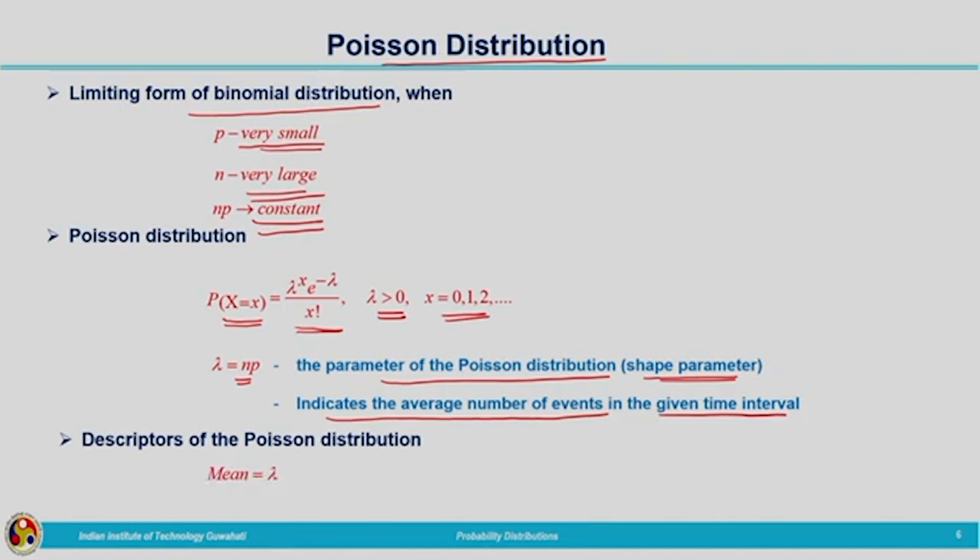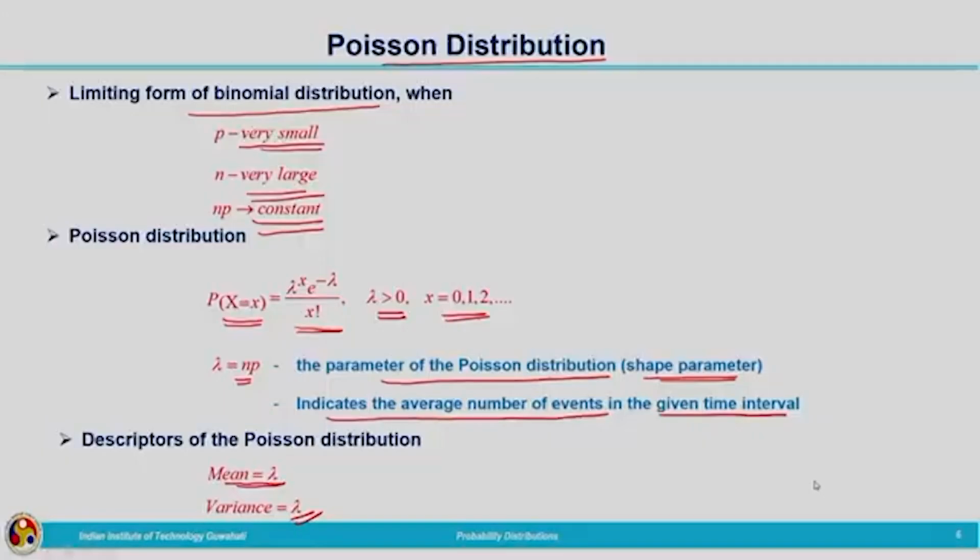Now let us move on to the descriptors of Poisson distribution. Mean is lambda and variance is given by lambda. Both mean and variance are given by lambda, n multiplied by p. Different descriptors are there, that is mean, variance, standard deviation, coefficient of skewness, coefficient of kurtosis, but I am not going to higher moments.